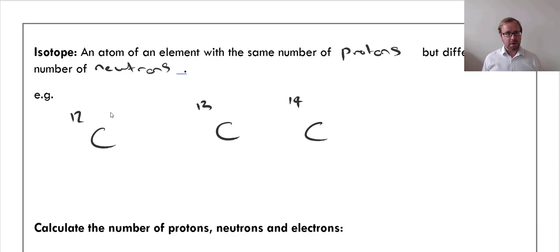So we have 3 isotopes of carbon which are stable and naturally occurring. Yep, so we can find them in different percentages in the Earth's crust. So what I would like you to have a go at is calculating the number of protons, neutrons and electrons in these 3 isotopes of carbon. Okay, have a go at doing this.